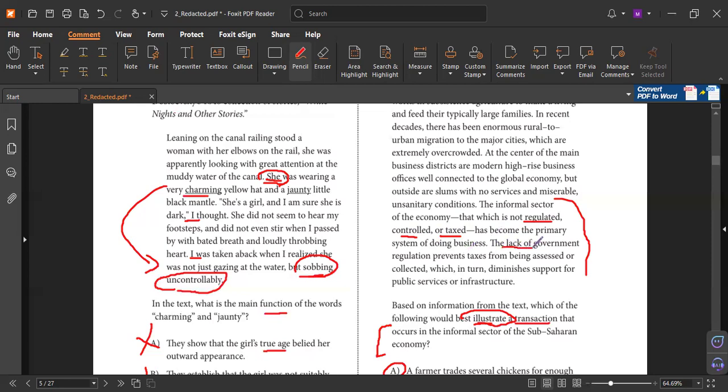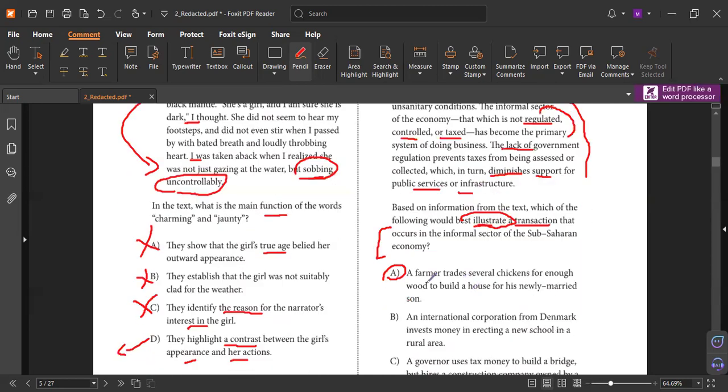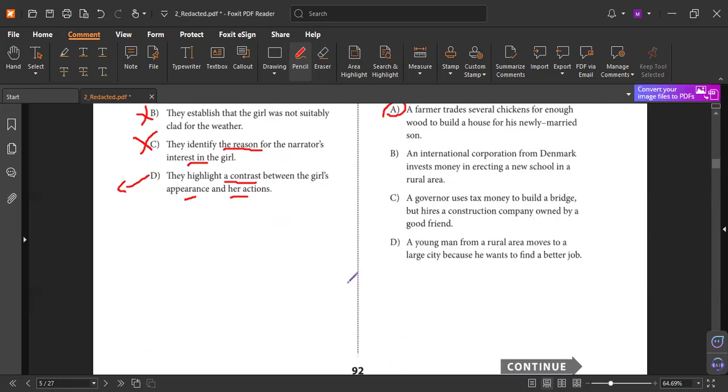See, the lack of government support, not regulated, prevents taxes from being assessed or collected, which in turn diminishes support for public services or infrastructure. So people buy and sell and do transactions, but they don't pay taxes to help public services for the country. And that is the same action. That's right. Good job.